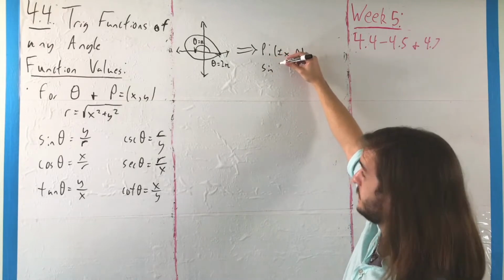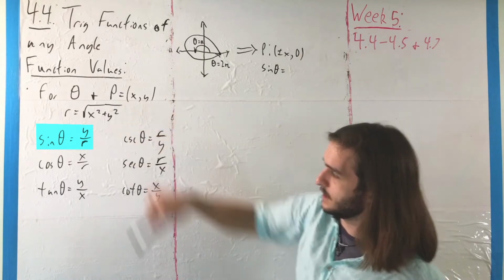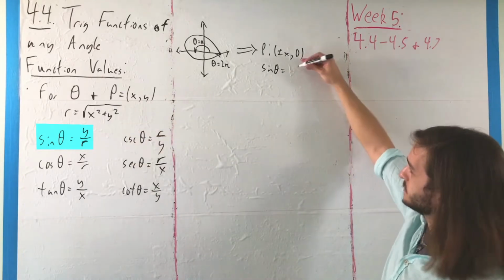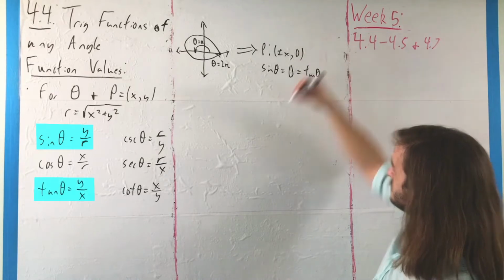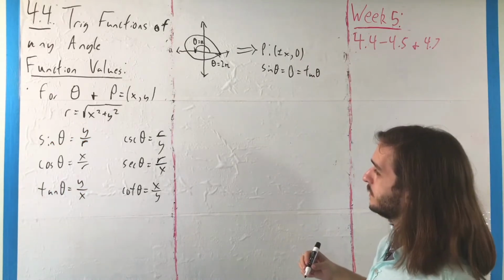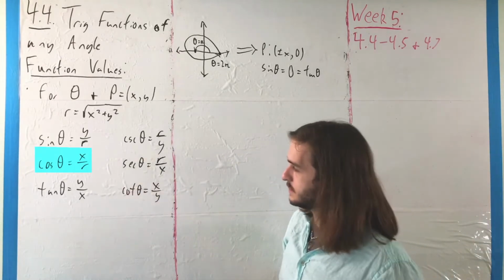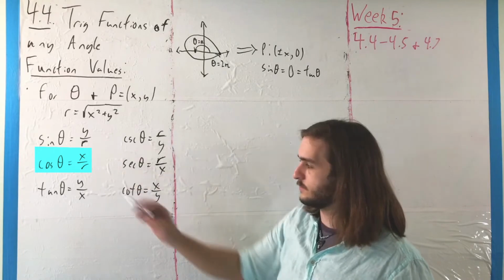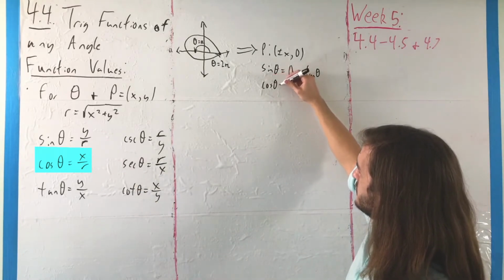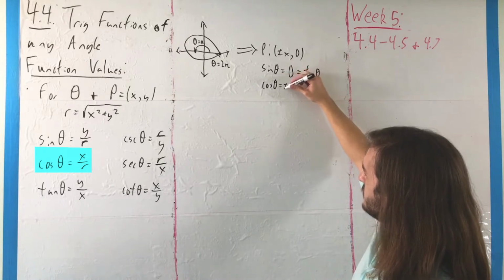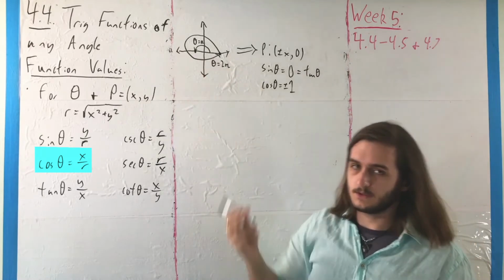We're going to have that any value for sine of theta, because sine has a y on top and y is always 0, is going to be 0, and so will tangent. Meanwhile, for cosine, because we have an x on top over an r, we'll have something of form plus or minus 1, depending on whether we're on the positive x or negative x.